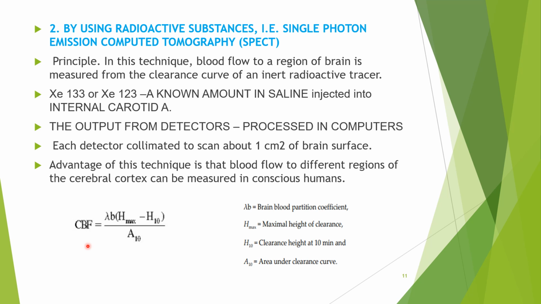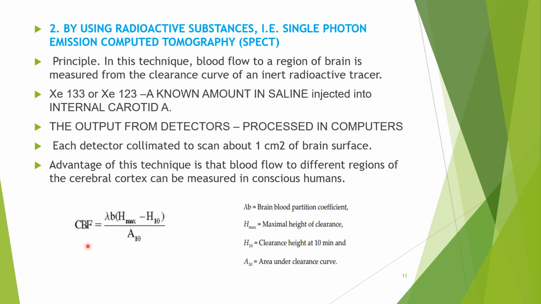So what we are doing? We are first dissolving the inert radioactive xenon gas in the saline, and injecting it rapidly into the internal carotid arteries. Then we are putting the detectors over the cranium.